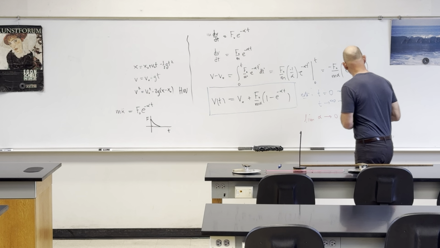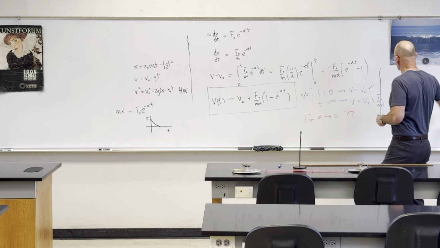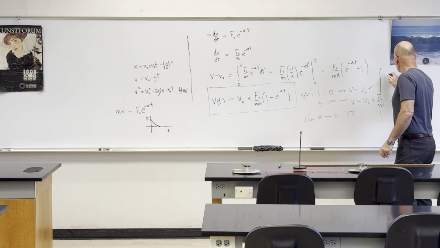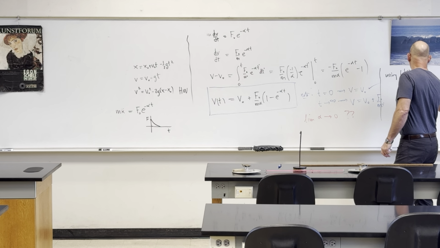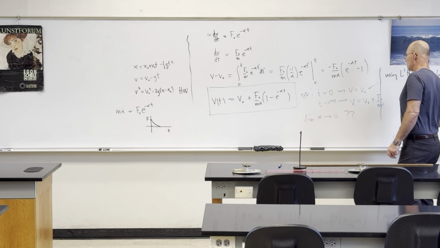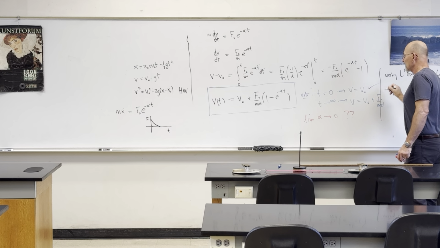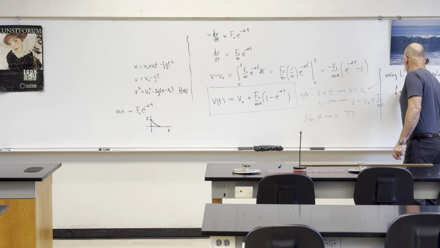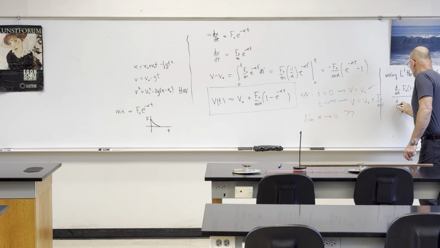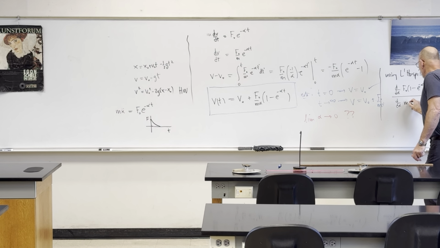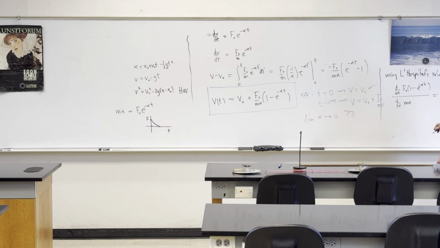We have d over d alpha of f naught times 1 minus e to the minus alpha t, over d over d alpha of m alpha. So what are we going to get here in the denominator? We're just going to get m.